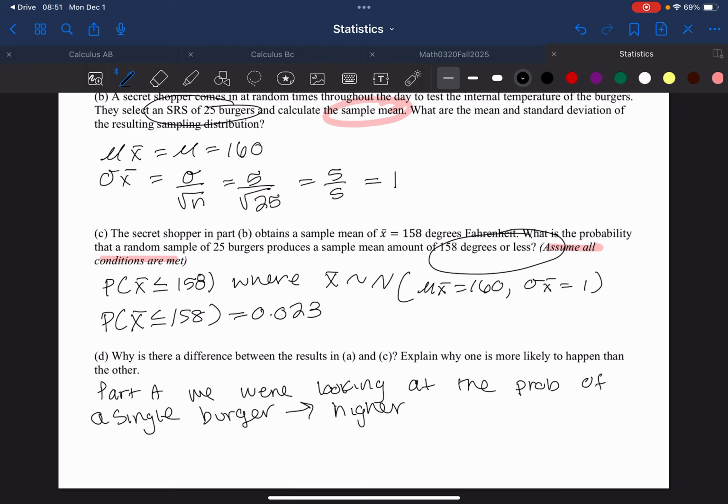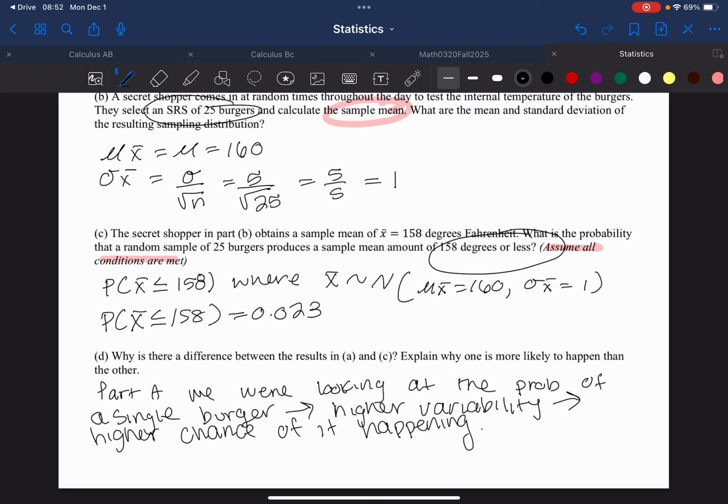Remember, the smaller the sample size, the higher the variability. Which means we have a higher chance of it happening.